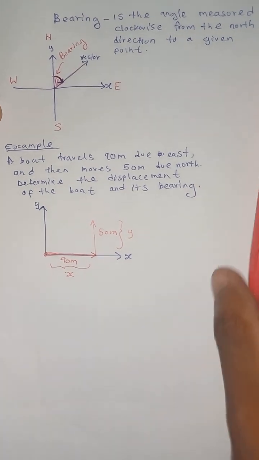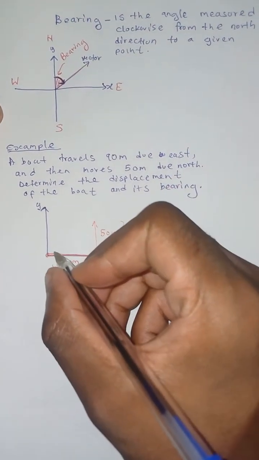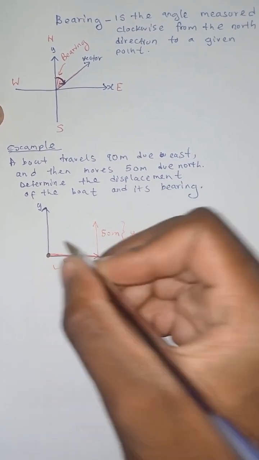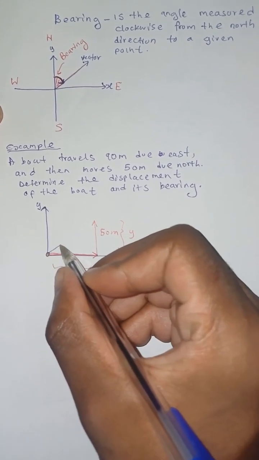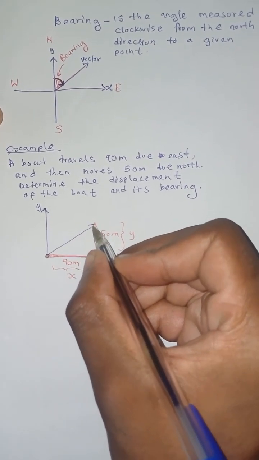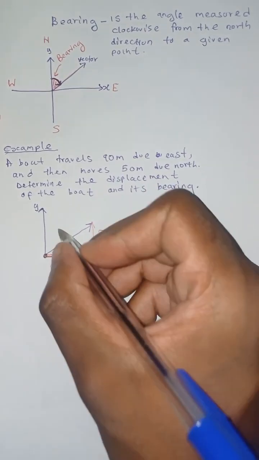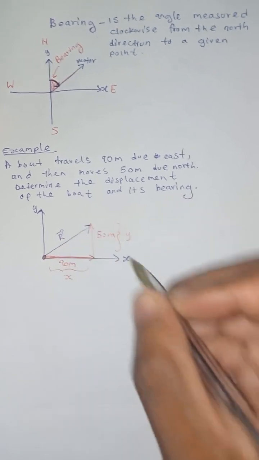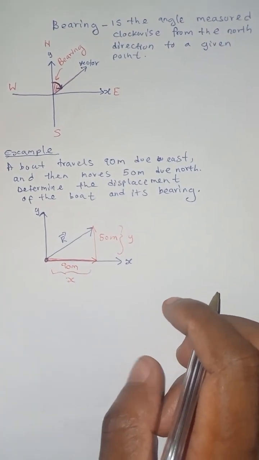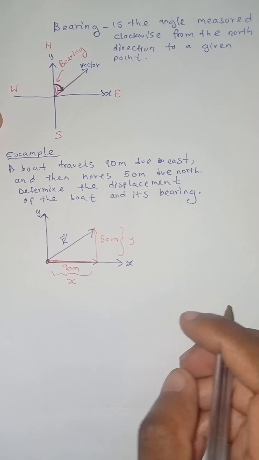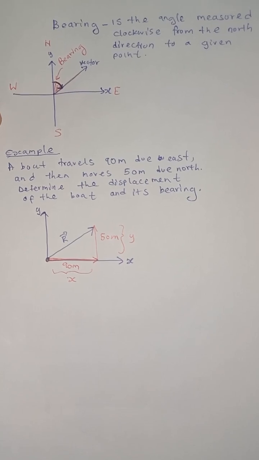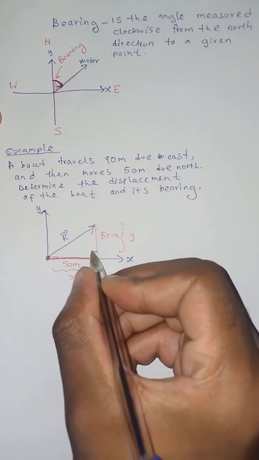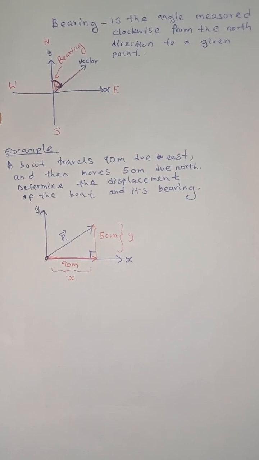And then what will be the resultant? The resultant will be from the tail of the first vector to the head of the last vector. This will be my resultant. I'll call it r. Therefore, to determine the resultant, which is the displacement.